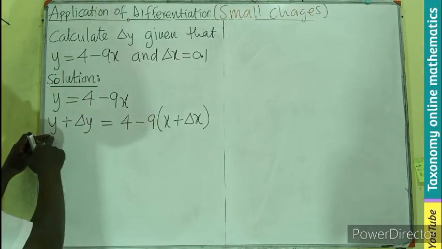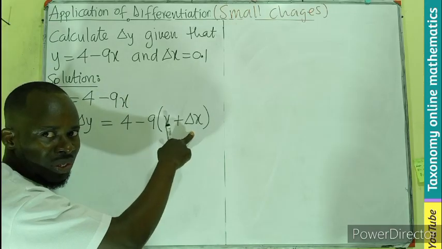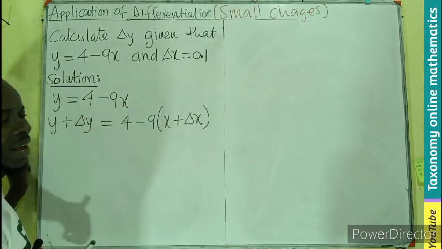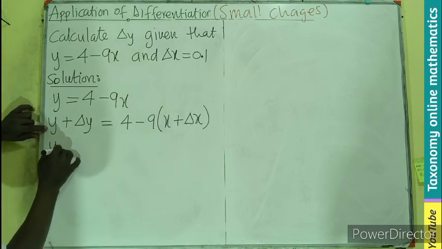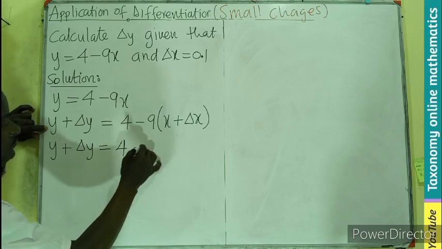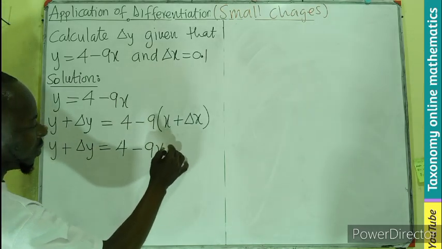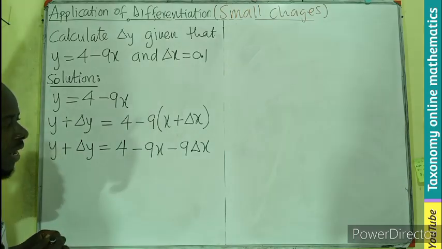We are increasing the y by the change and increasing the x here by the change. So if that is the case, we can expand and simplify. That is going to be y plus delta y equals 4 minus 9x minus 9 delta x, right?